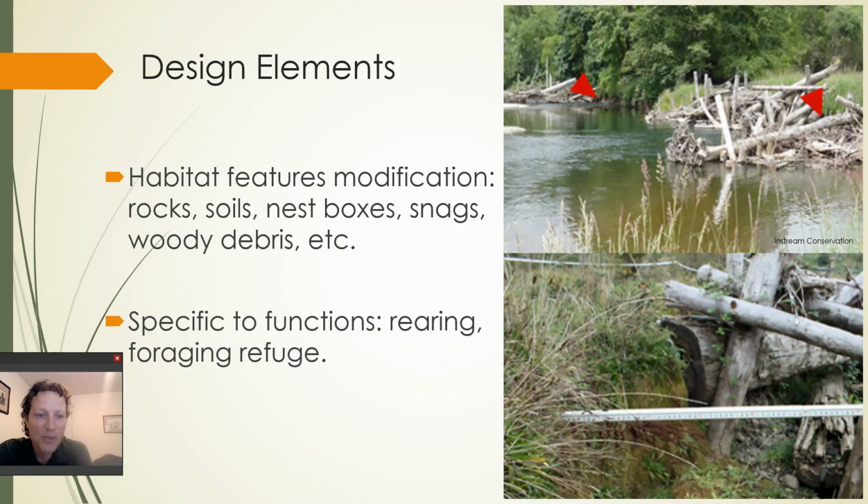So this will be indicated on your restoration designs and in the written descriptions of those maps. And they are specifically linked to ecosystem functions. So you don't just put these things out there because they're pretty, but because they help with wildlife rearing, wildlife refuge, wildlife forage, etc. So you're linking it to some ecosystem function and need.